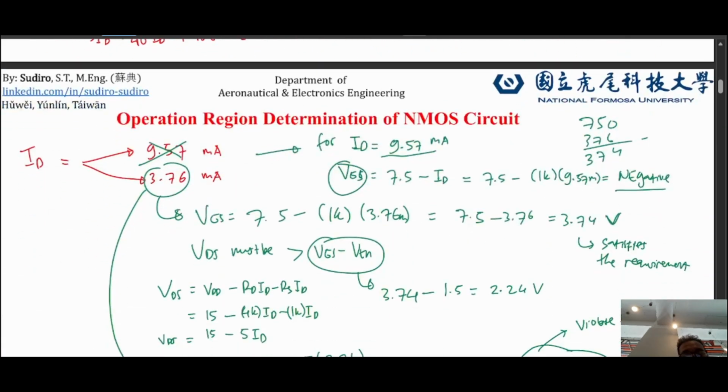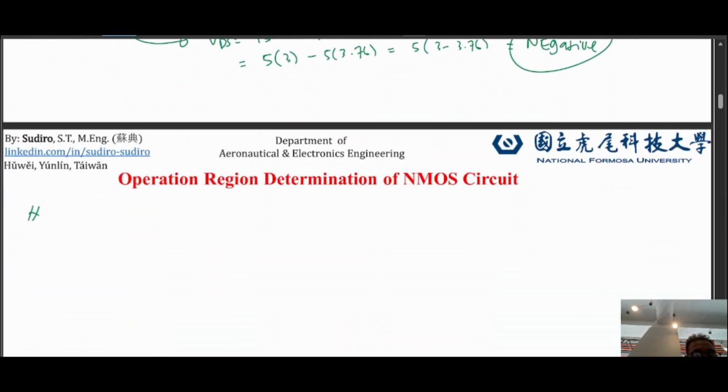So the conclusion is NMOS in the triode region. We practically don't need to prove the satisfaction of the NMOS requirement in the triode region.